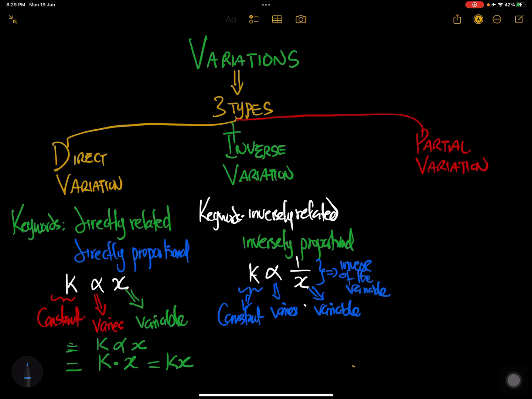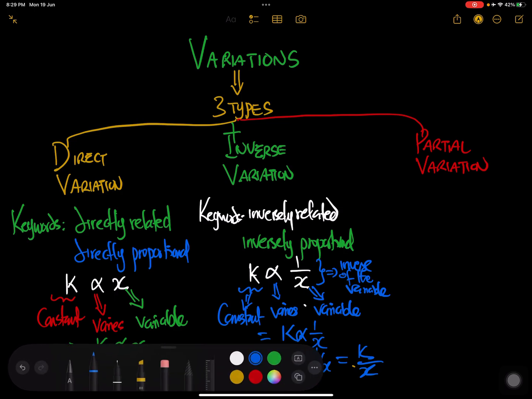So basically, k varies with 1 over x, which is the same as k multiplied by 1 over x, and that gives us k divided by x. And there you have it.